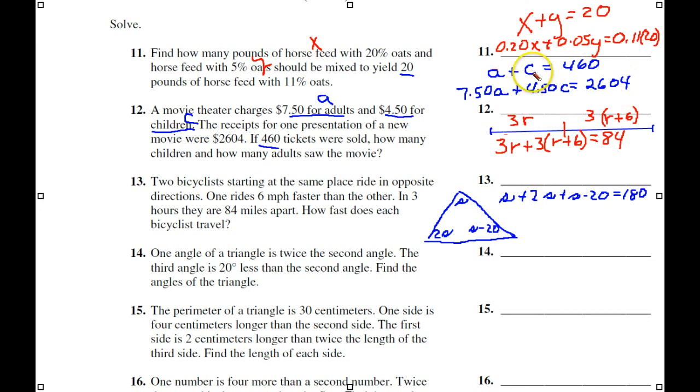Now back in chapter 2 we were handling these a little differently. We said we could take a box to represent the total number of tickets, which was 460.